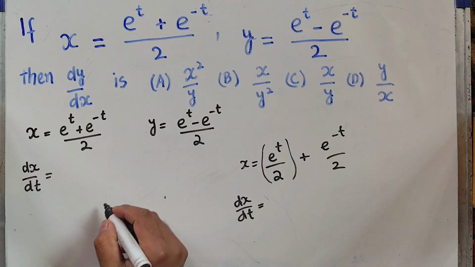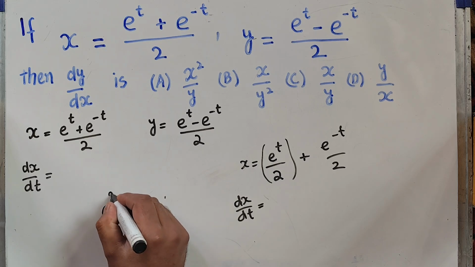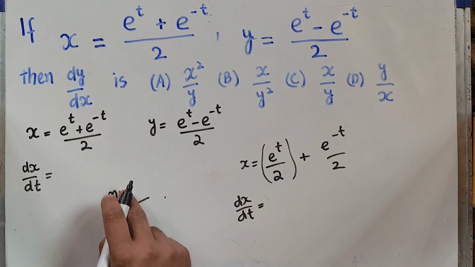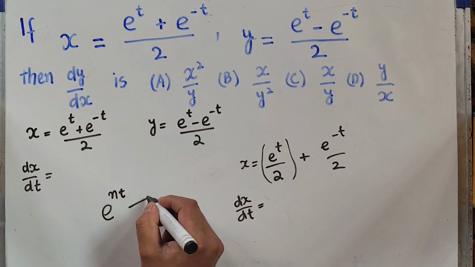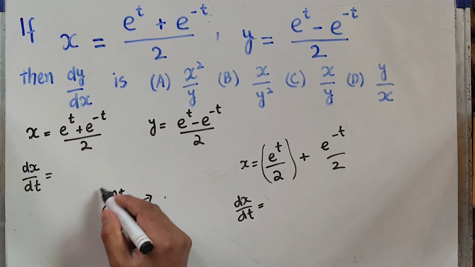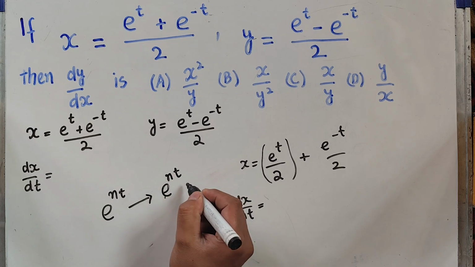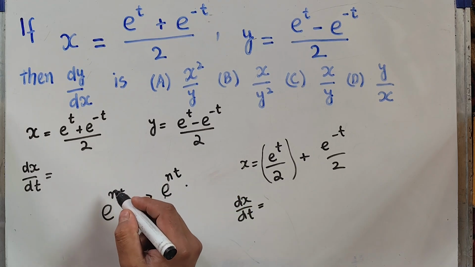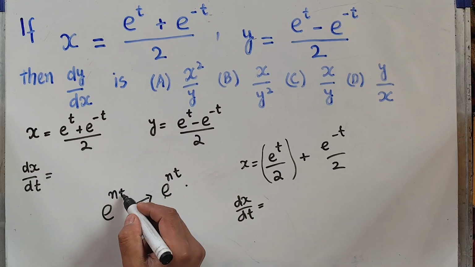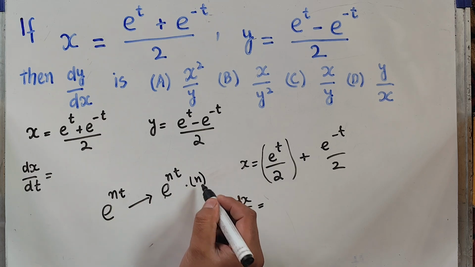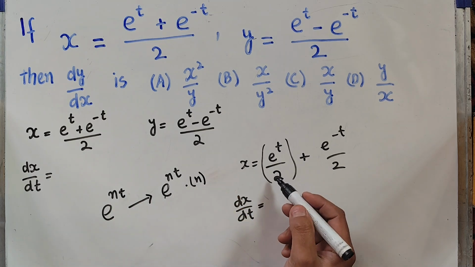The derivative of an exponential function e^(nt) with respect to t is the given exponential function first, that is e^(nt), times the derivative of the exponent. The derivative of t in the exponent is 1, so we will get n. Same logic we apply here.